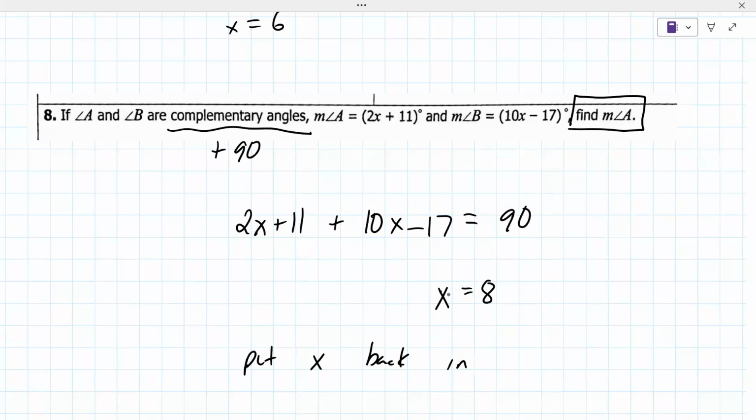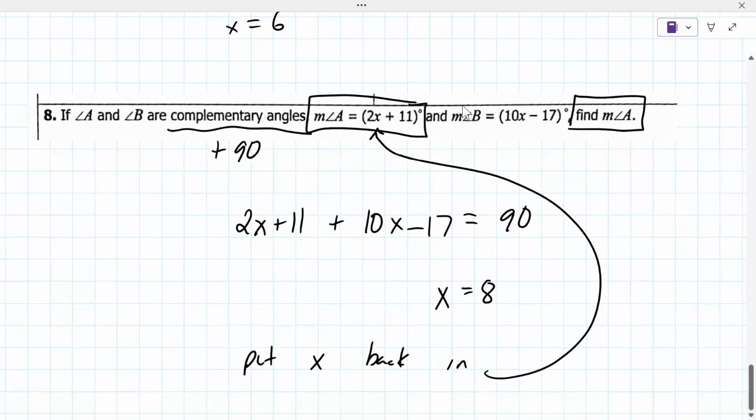What did you come up with when you do that? Put x back in where? There, because you're trying to find the measure of angle A. Okay, give me a second. 8 plus 11.